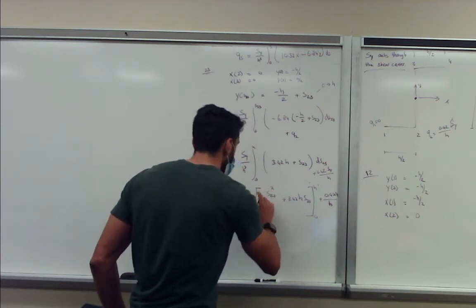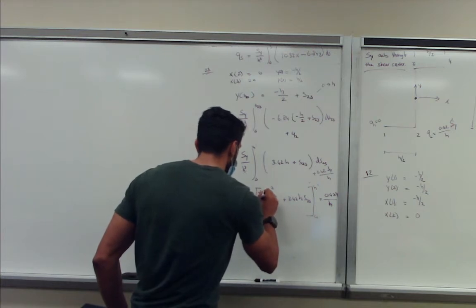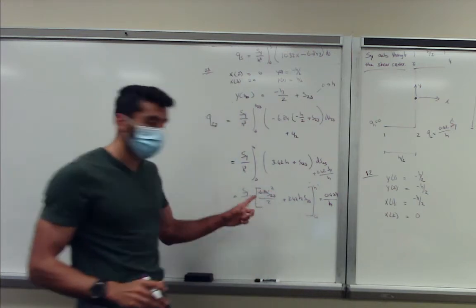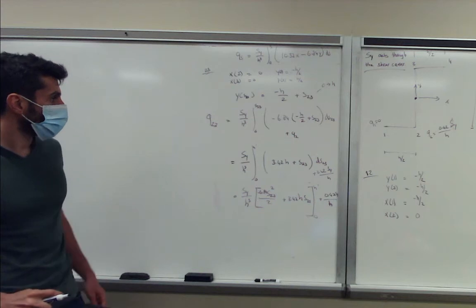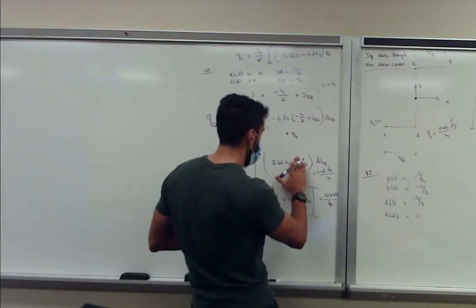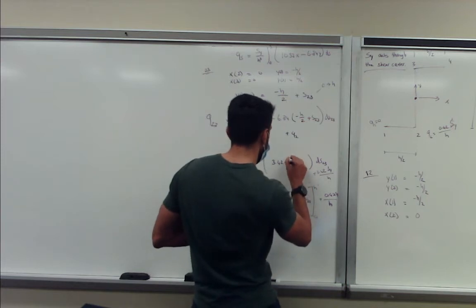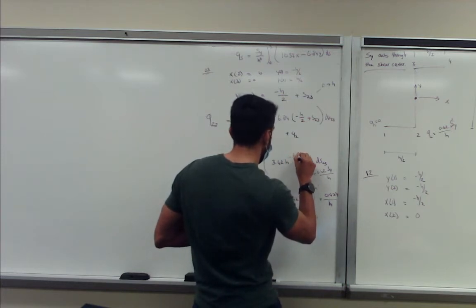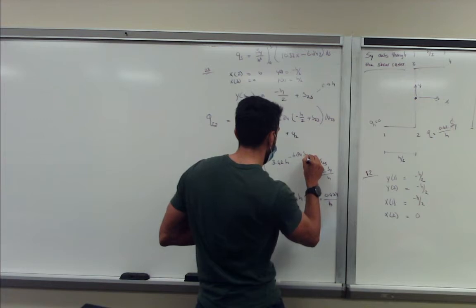So let's be a bit more accurate. Negative 6.84 over 2, right? You're correct. So I made an error here. So this is not plus. This is minus 6.84 s23.